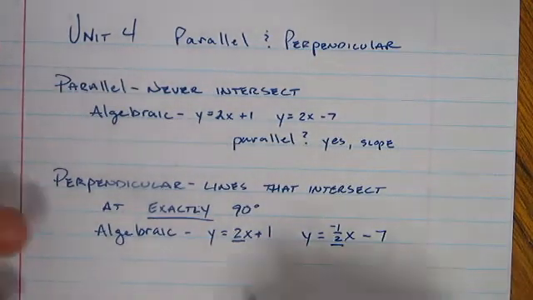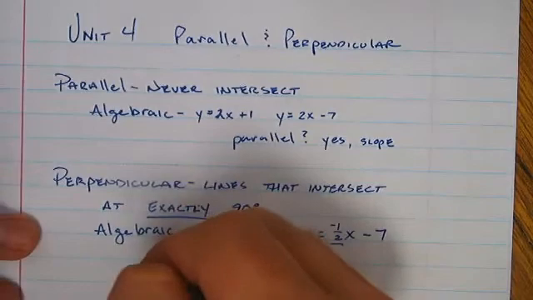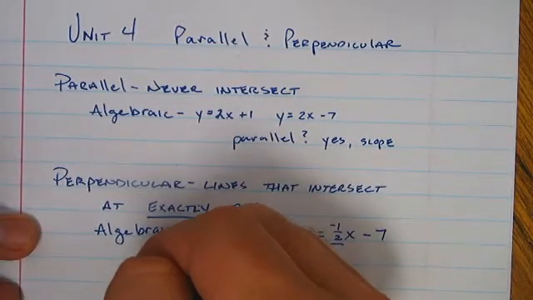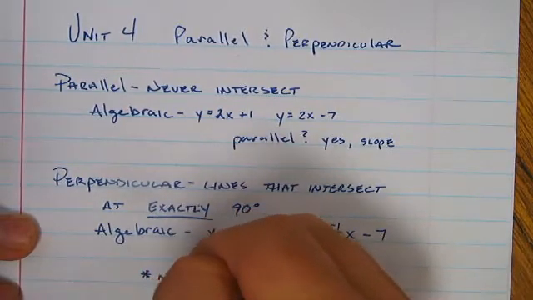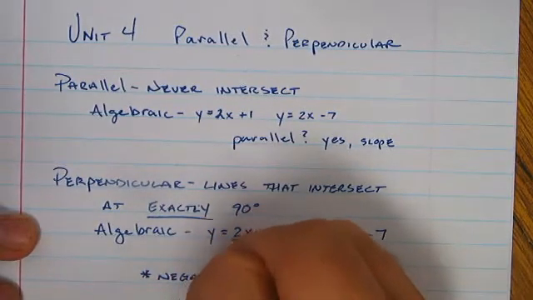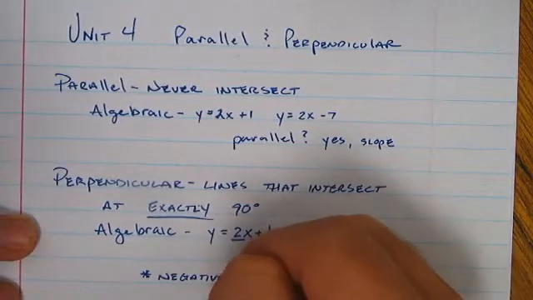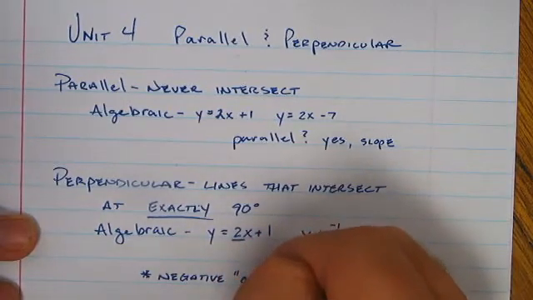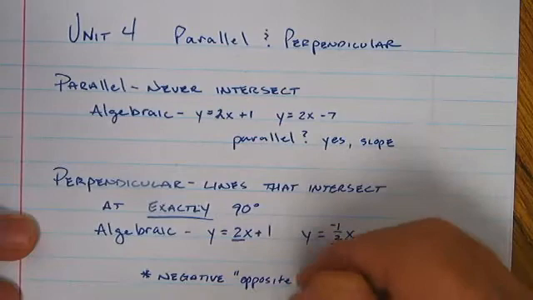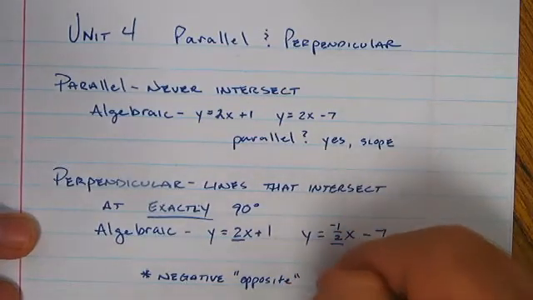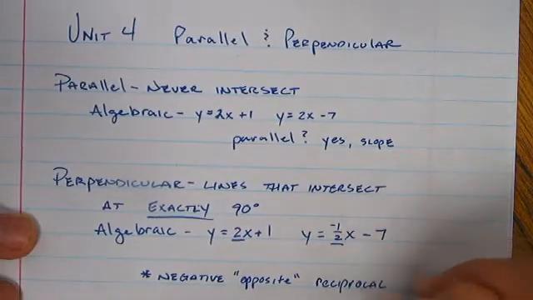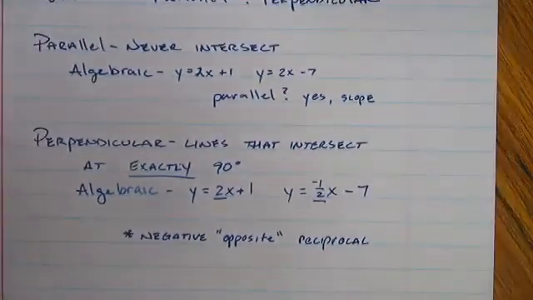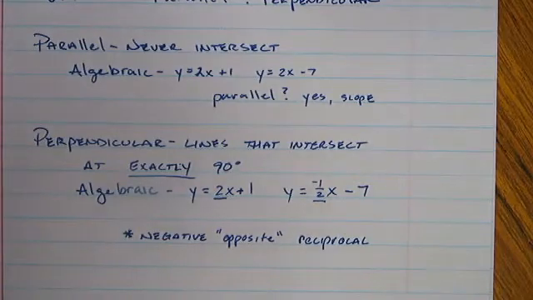Okay, a perpendicular slope is a negative reciprocal, which we should think of as opposite, not necessarily negative. They call it a negative reciprocal only because it's the opposite, okay? Not because it's a negative number, right?